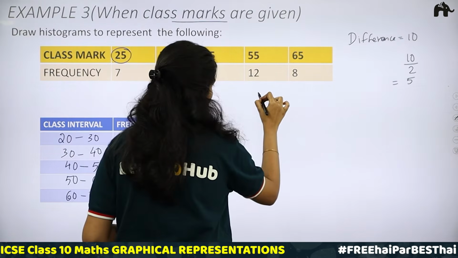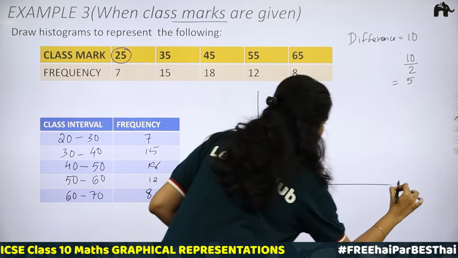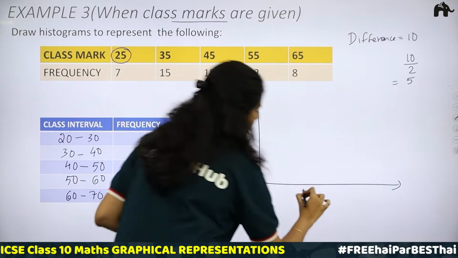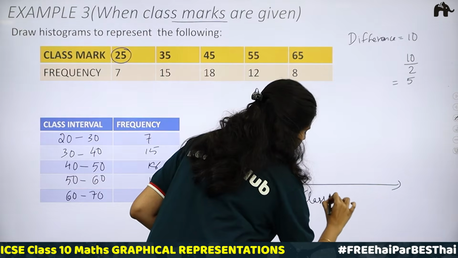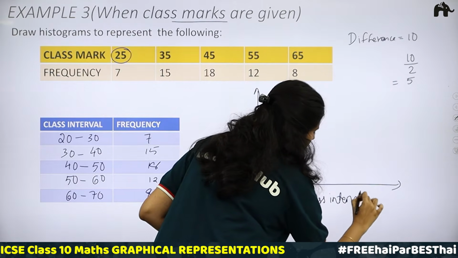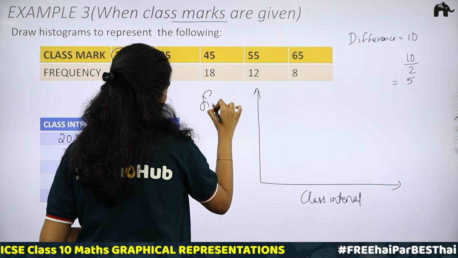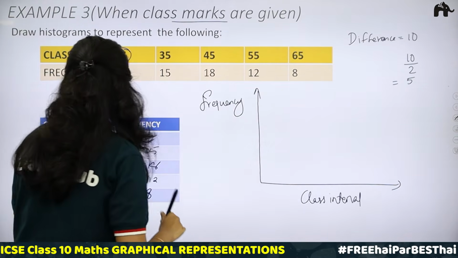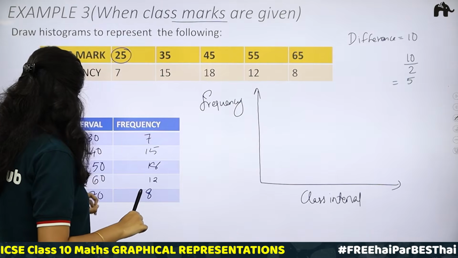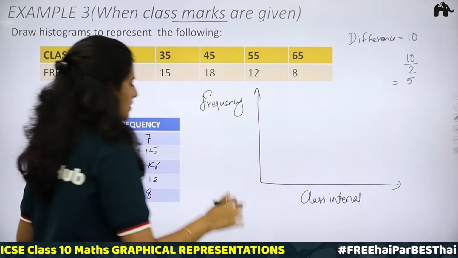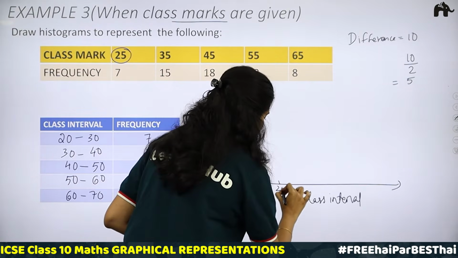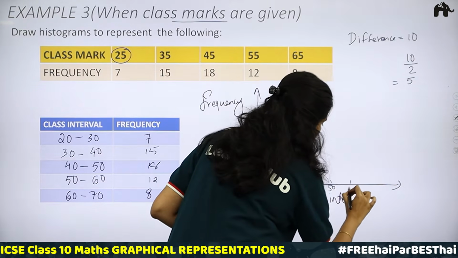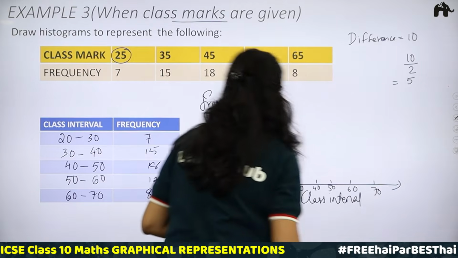Okay. To plot the histogram, we have x-axis and y-axis. On the x-axis, we will be taking the class interval. Y-axis, frequency. So, class intervals: 20, 30, 40, 50, 60, 70 is all we need. Which means we will start with 20, 30, 40, 50, 60, 70.